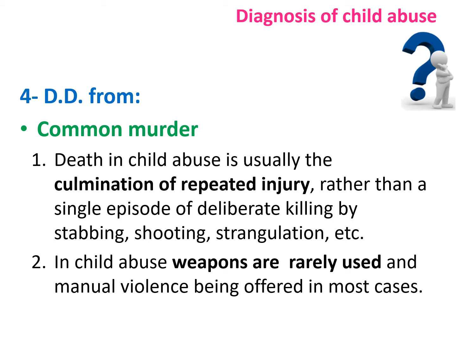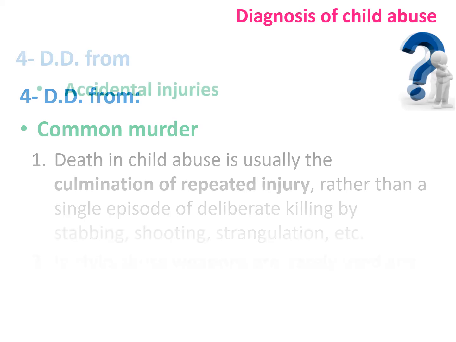But in case of deliberate killing, the offender will use an instrument which usually kills, like a gun, a knife, or any instrument that usually kills. This is the difference between common murder and death from child abuse. The first difference is that it is caused by culmination of repeated injury, and the second difference is that manual force is usually used in child abuse rather than weapons.